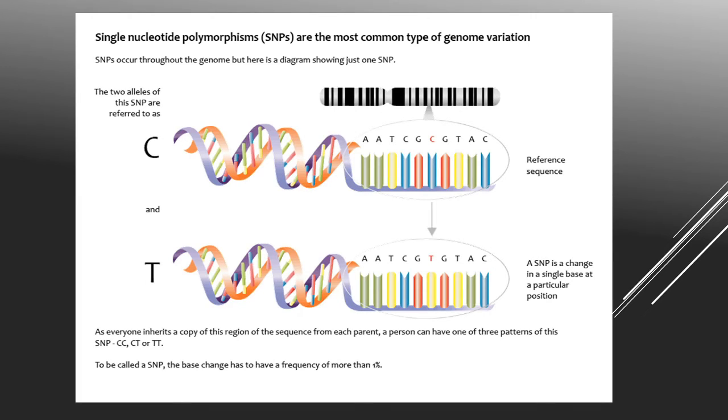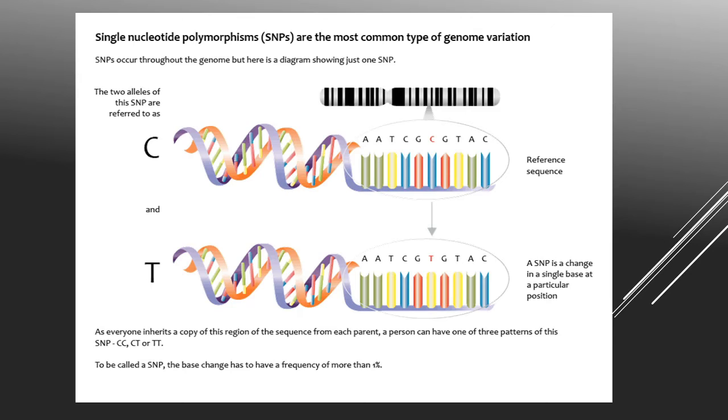So in your genome, it happens a lot, but in this example, we show you just one: AATCGTAC, and then below we have AATCGTGTAC. What is the difference? The difference is a single nucleotide in position 6. The top has C, the bottom has T. So it is a change in a single base pair position.